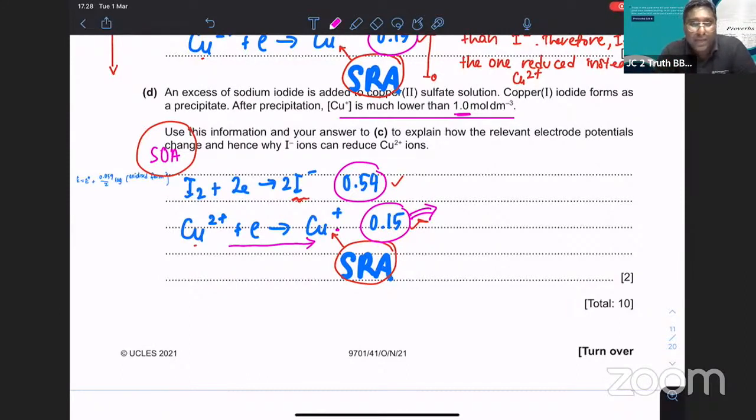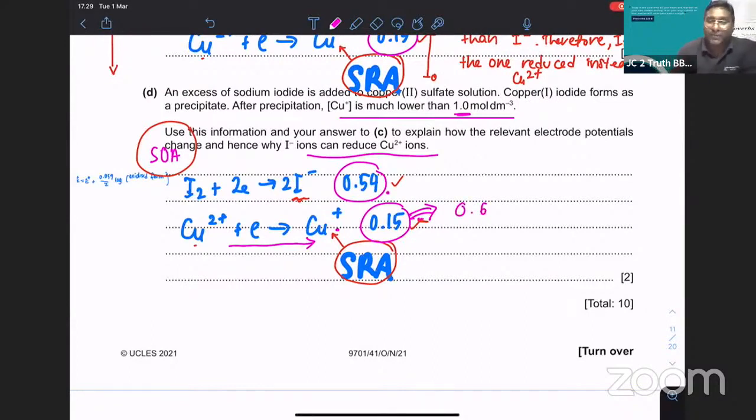So if it is greater than 0.15, then we need to tell why it can reduce Cu2+. If it can reduce Cu2+, it means this value has exceeded 0.54. Maybe this value became 0.6, for example.